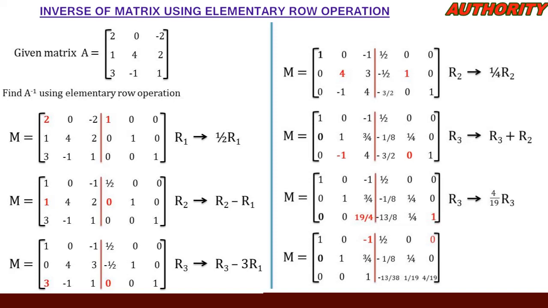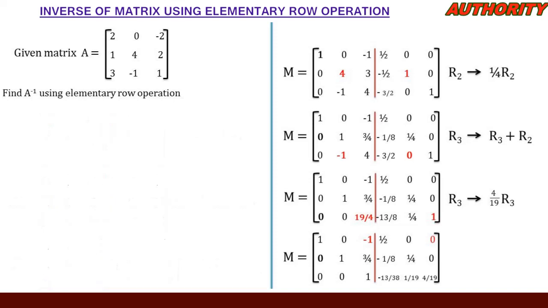Okay, now let's go again to row 1. Here we have minus 1, right? In row 1 column 3, we have minus 1. This minus 1, we want to make it to be 0. What are we going to do? If you say this minus 1 plus the element 1 in row 3, it is going to give you 0.